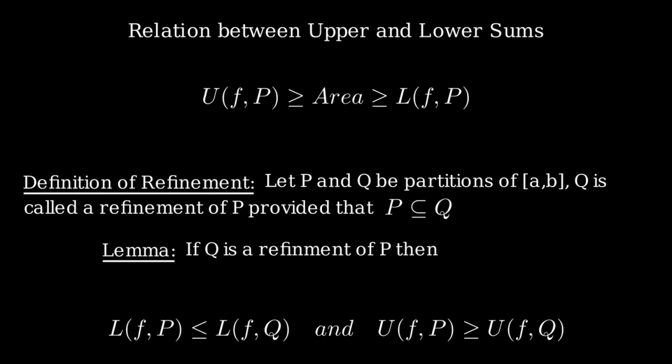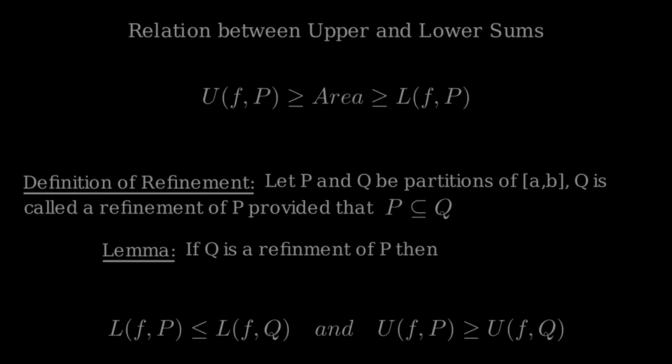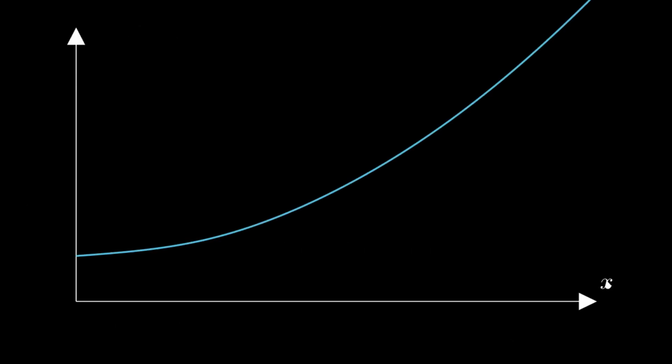We are not formally going to prove this lemma in the video. I leave this as an exercise for you, but we are going to illustrate this visually to try to understand why the lemma is true. Suppose we have a function with a partition P and x_{k-1} and x_k are successive elements of the partition.